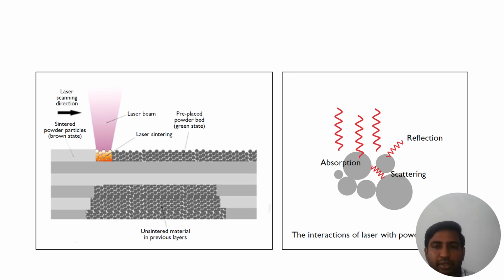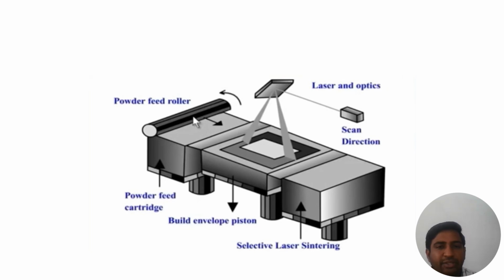The others are scattered or removed. These are called unsintered powders. Later, the unsintered powders are collected by the collecting mechanism and used for further processing. This is the typical setup of the selective laser sintering process.